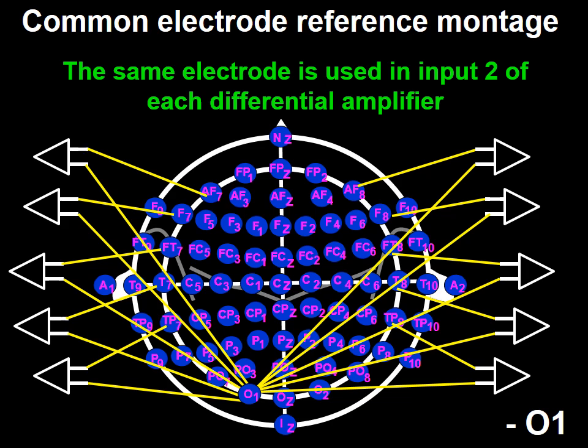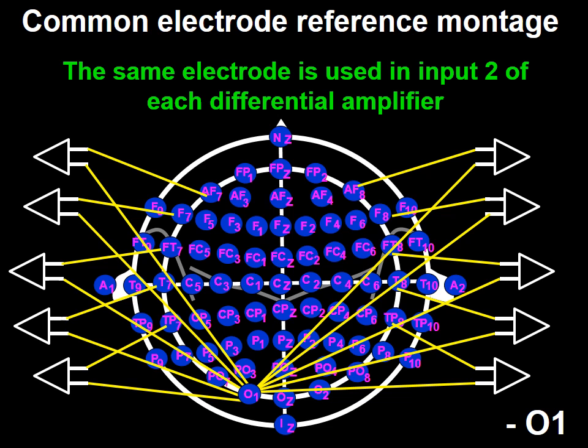The term common electrode reference montage has been used to describe multiple arrangements. It is used when the same electrode is used at input 2 for all the differential amplifiers constituting a montage.